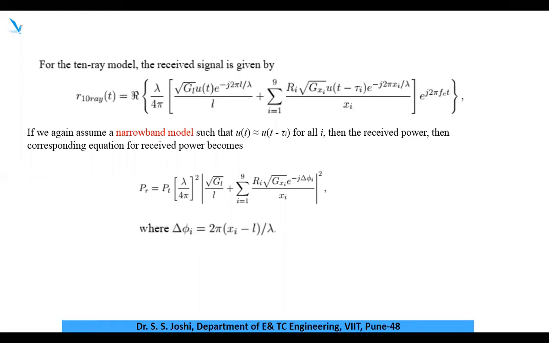Then the received power corresponds to the equation given in the next line. So just think about what narrowband and wideband mean. We'll come to this point later in the next couple of lectures. This is a very important terminology, and it relates to the delay. So try to understand that it relates to the delay.